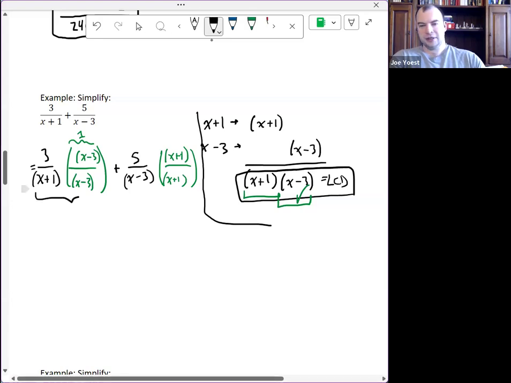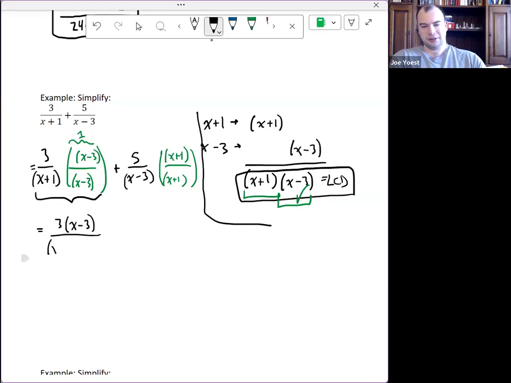Okay, now let's take my first product here. Multiply the numerators. Let's start with 3 times x minus 3. And then the denominators, x plus 1 times x minus 3. And then my second product, 5 times x plus 1.